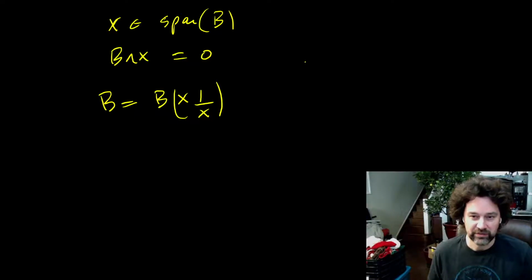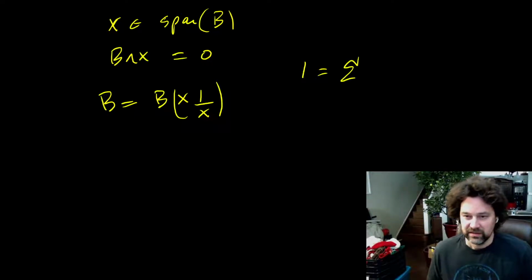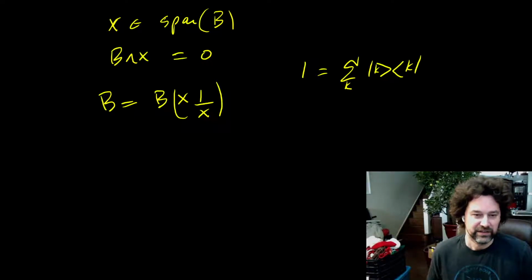You'll see it in quantum mechanics, where you write 1 as all of the kets. Here this is the same idea, where we take 1 as something times its inverse. We're going to do that twice in this video, once with vectors and once with bivectors, and take advantage of the fact that we can regroup.